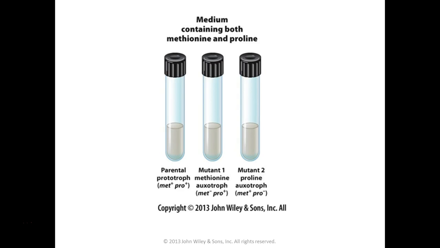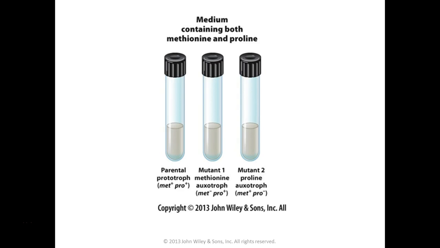Where is the information encoded in the cell on how to make an enzyme? All together now. DNA, right? In the DNA is the information to make an enzyme. Turn one molecule into another, one amino acid into another. Okay. What happens if you don't have that enzyme?